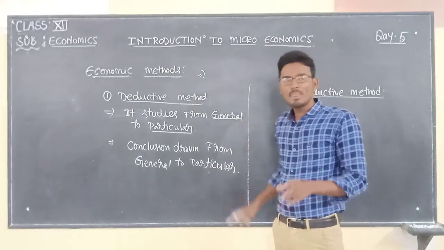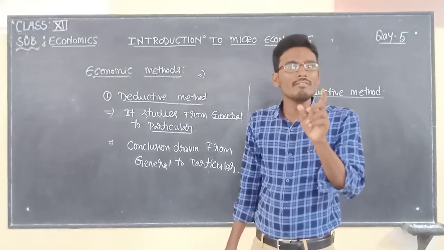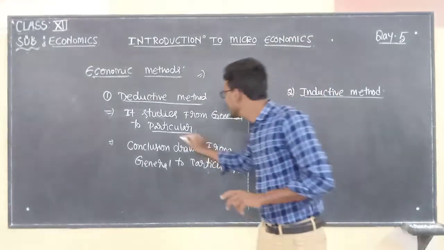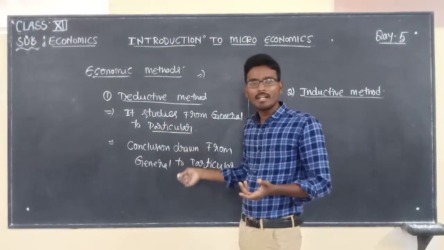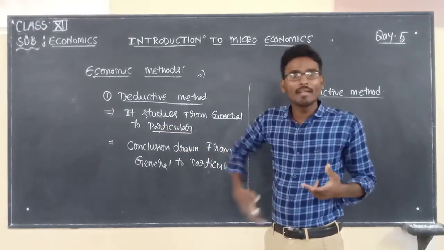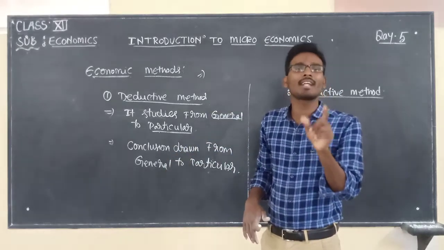After that, in the same class, one student performed very well, that is particular. So what is the conclusion here? I described the entire class and finally I described one student in that class.